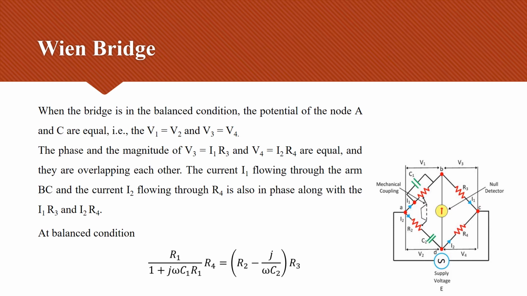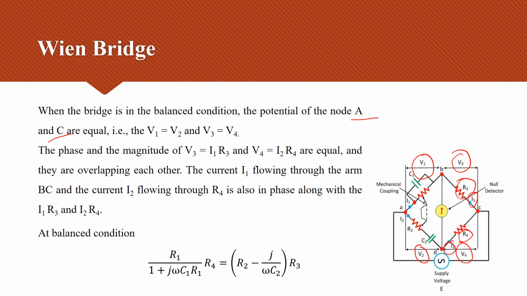When the Wien bridge is in balanced condition, the potential at node A and C are equal. This makes V1 equal to V2 and V3 equal to V4. The phase and magnitude of V3 and V4 are equal, and V3 is equal to I1 R3 and V4 is equal to I2 R4.